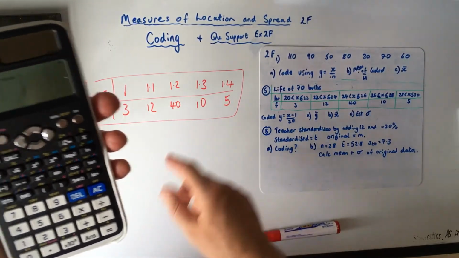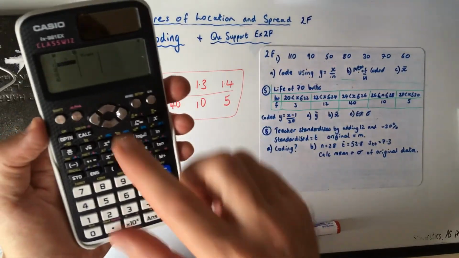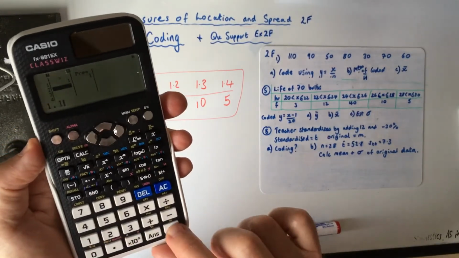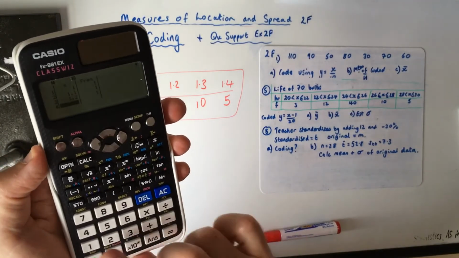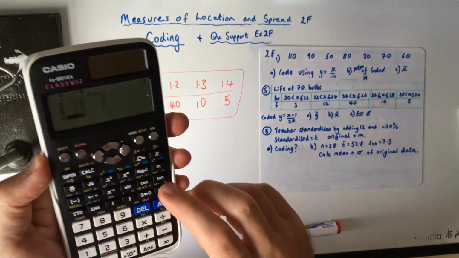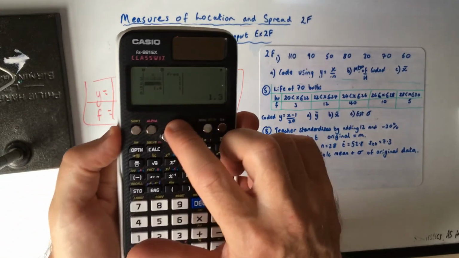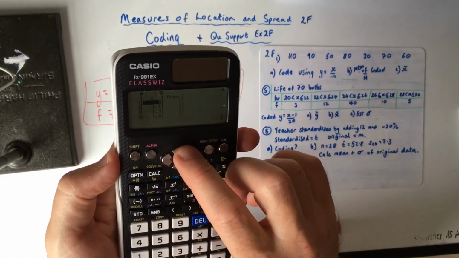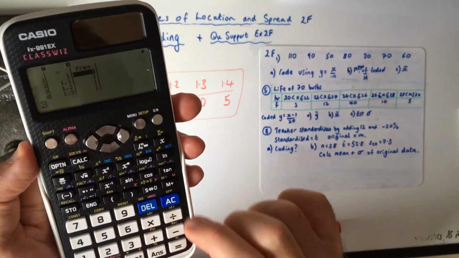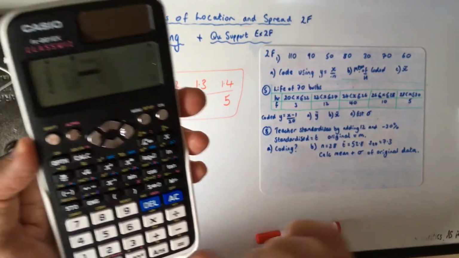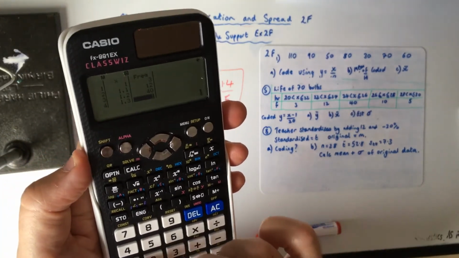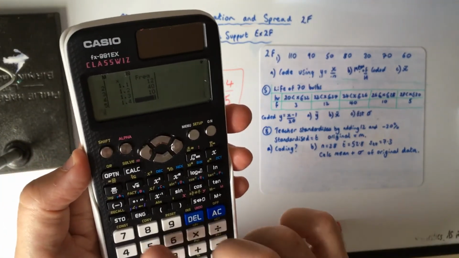So let's do this anyway. Let's do this table. So here for our x, which is really y, isn't it? So we're going to go 1, 1.1, 1.2, 1.3, 1.4, and then we're going to put in the frequency. What have we got? We've got 3, 12, 40, 10, and 5.